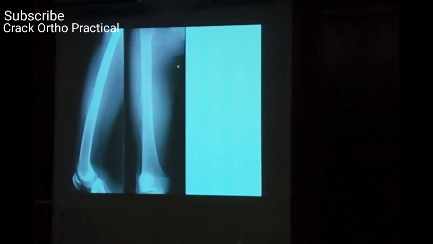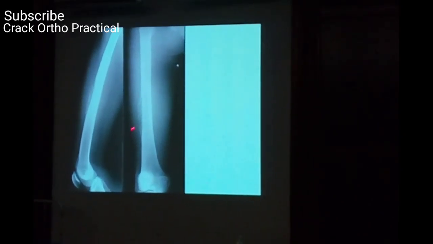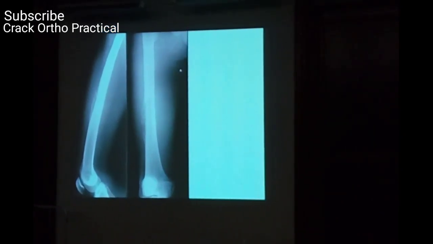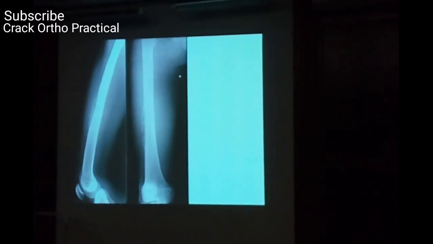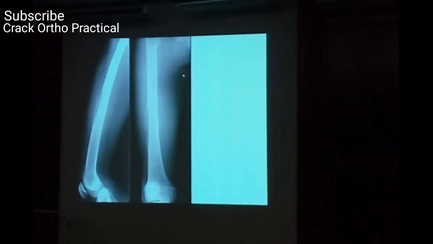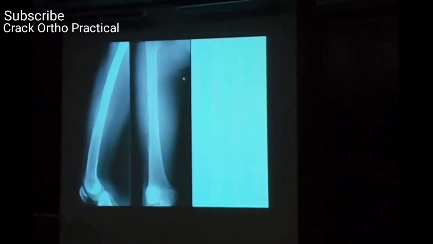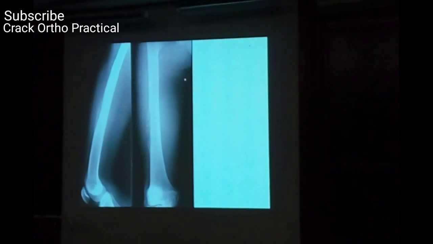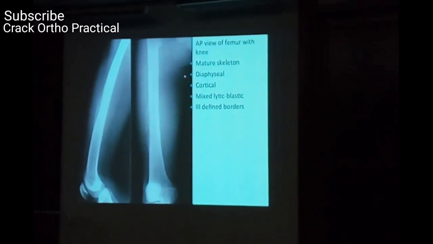But one thing is rightly said: ill-defined margins are there and it looks like an aggressive type of tumor. Any other guess? Periosteal osteosarcoma. I club them in line so that you know how they differ.